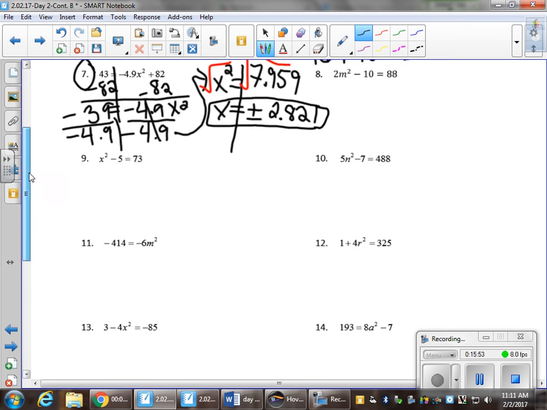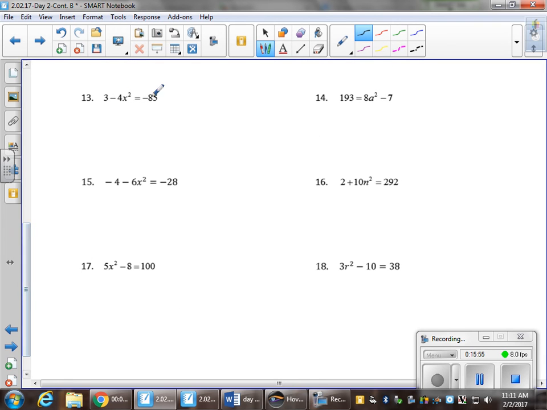You want to do one more? Okay. 16. What do we do first? We subtract 2. You always do addition and subtraction before you divide or multiply, because you'll get a different answer.